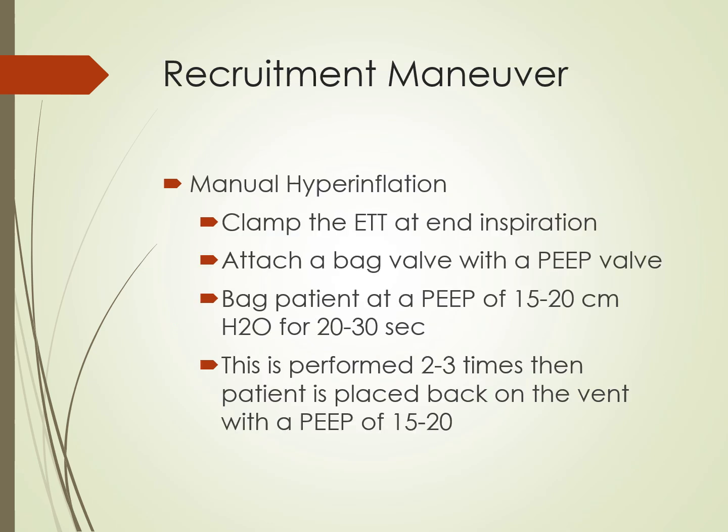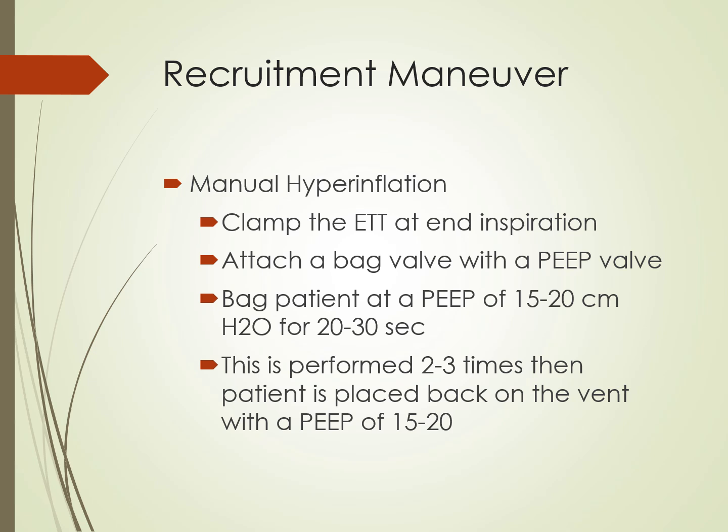So let me explain some of the common recruitment maneuvers that are used. This one, called manual hyperinflation, originally was used when this concept first came out, but it's not really used too much anymore because everyone's got high-end ventilators. Basically, you clamp the ET tube at the end of inspiration.